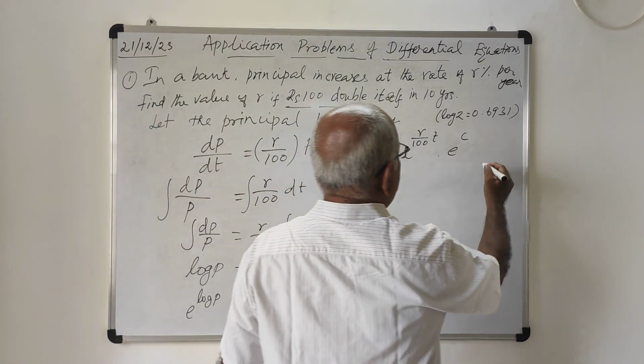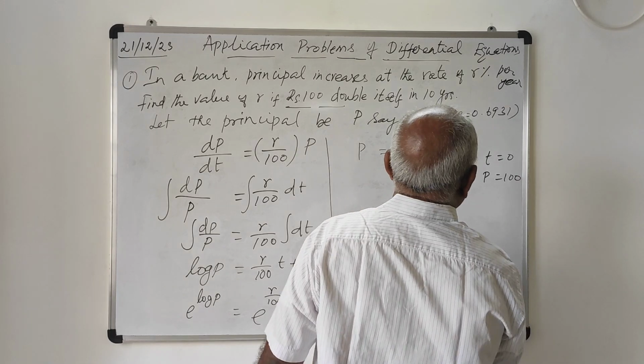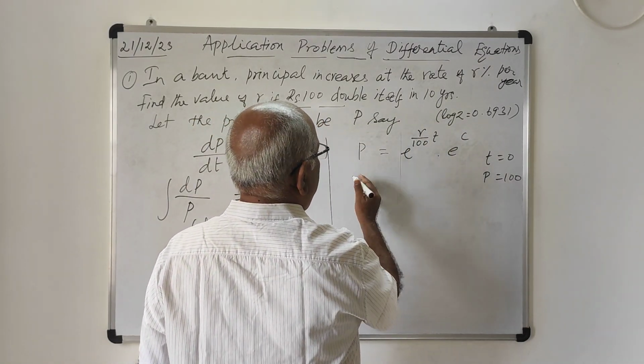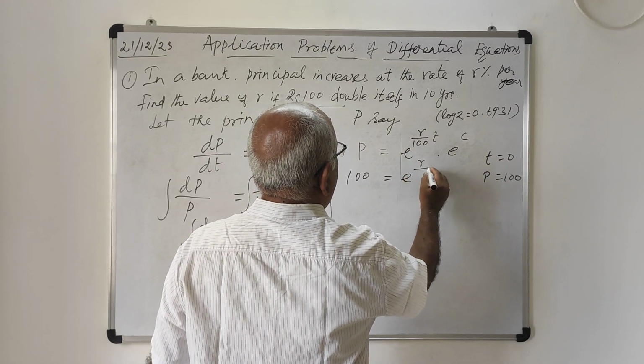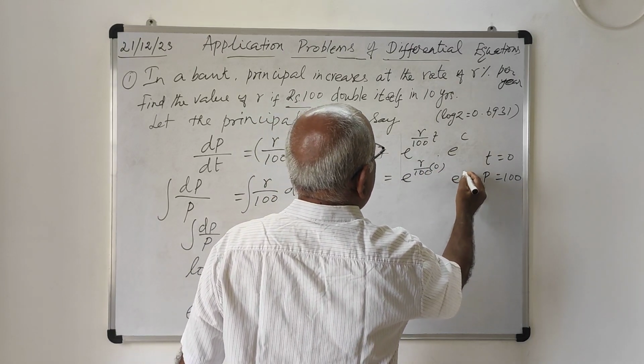Now initially at time t equal to 0, the principal is 100 given. Initially time is 0 and the principal value is 100.